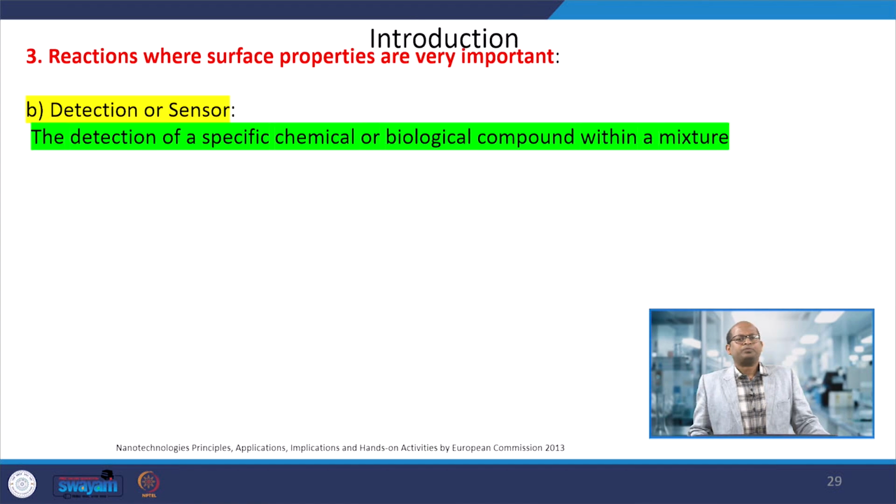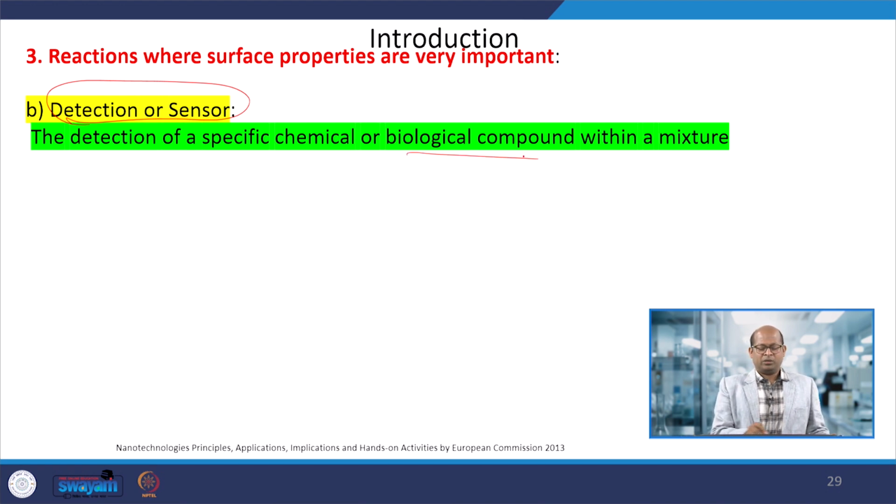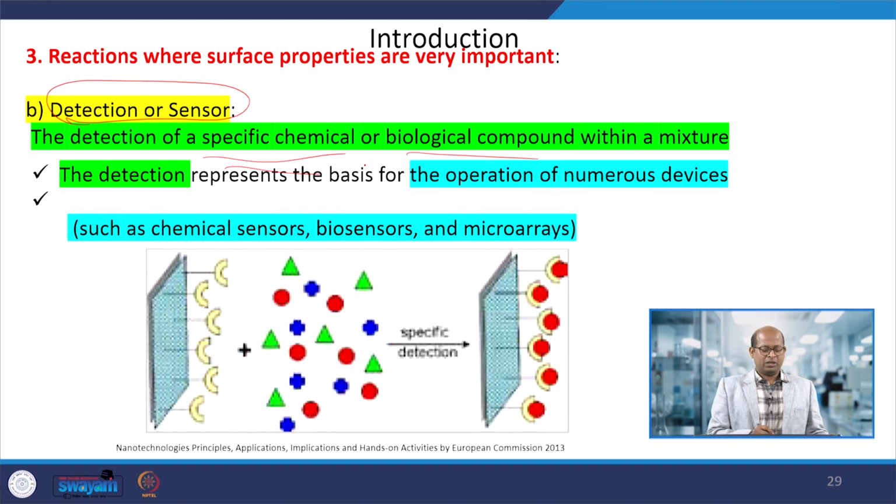Okay. Now if we use these materials, metal oxides, in sensors, the sensor can be used for applications such as detection of any biological compound or specific chemical reactions. This is our sensor. These are the active surface sites of that particular sensor.